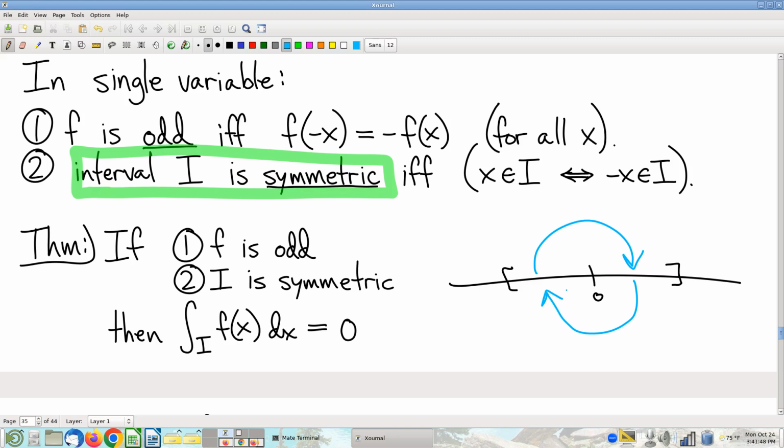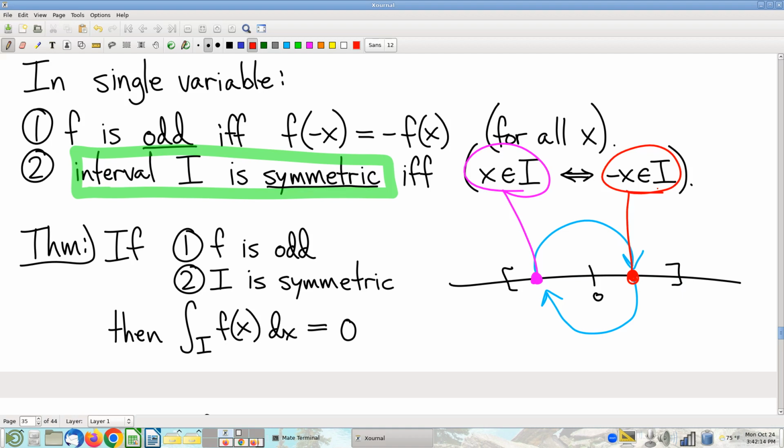If you just think of it as reflecting through the origin, you get the same thing. It doesn't change at all. So another way to say that is anytime you have a point in the interval, then its reflection, namely the negative of itself, is also in the interval. And I think it's a pretty easy pitch that these are the same idea.